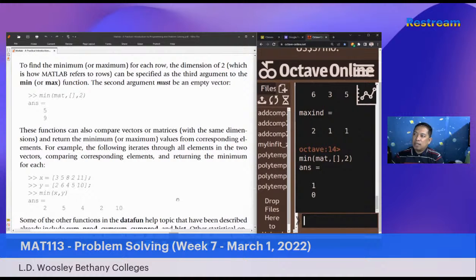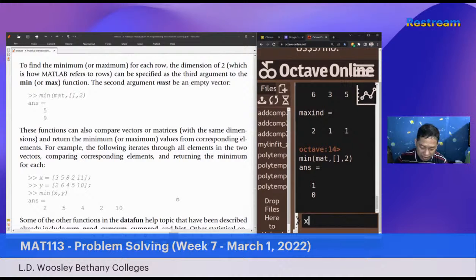Okay, this also, for example, iterates through all elements in two vectors, comparing corresponding elements and returning the minimum for each. For instance, we have two values, then we would like to identify. So correspondingly, kino-compare niya ng bawat isa.